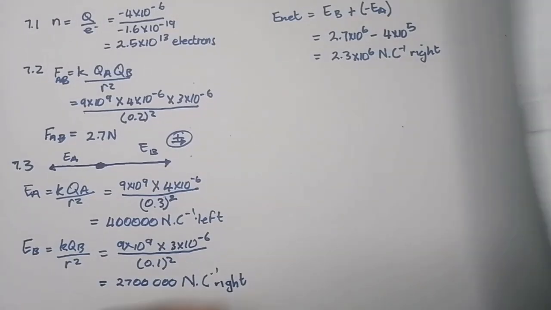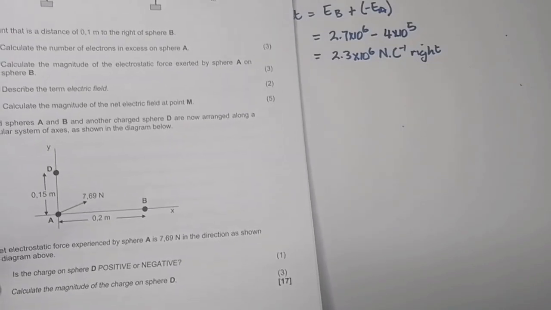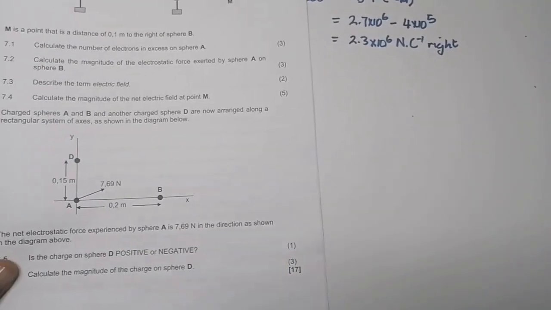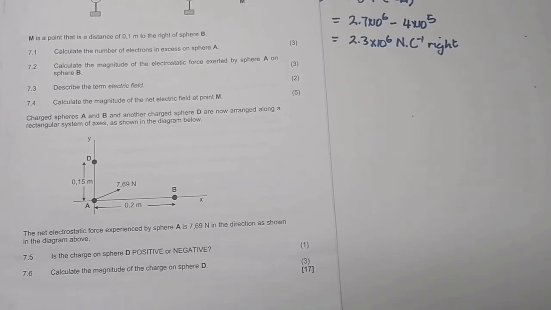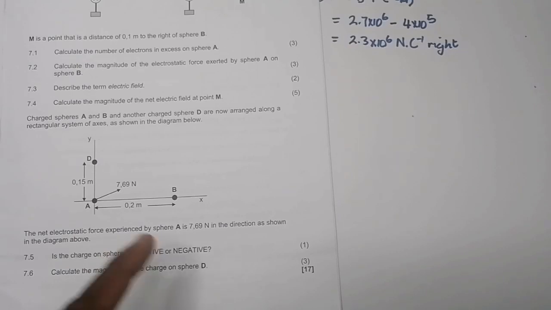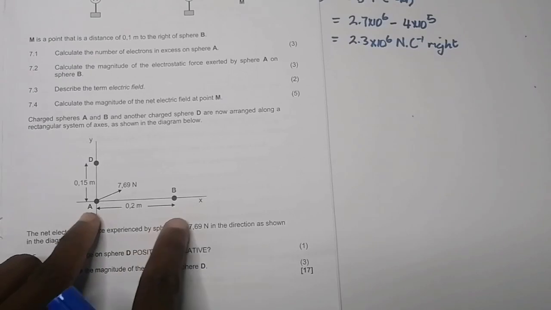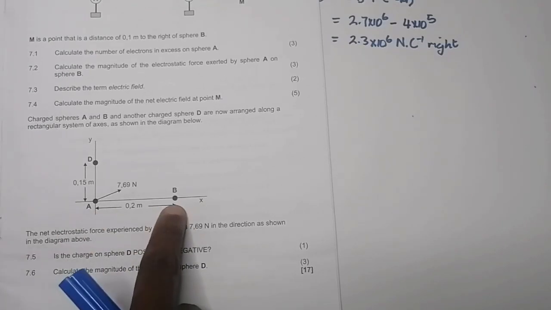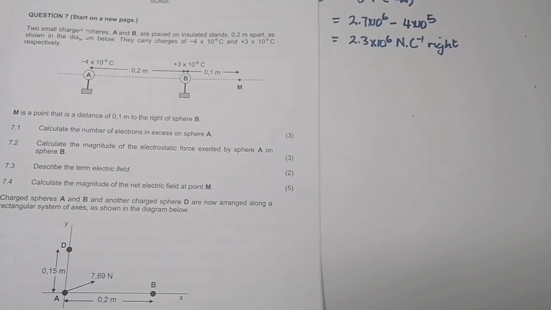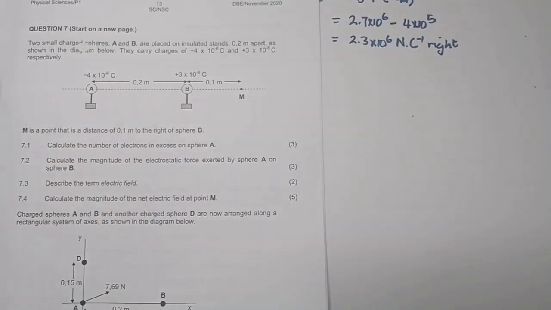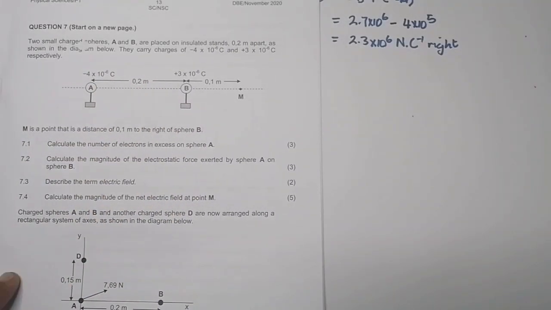I'm just going to move it over to this side. The last question, they say now the charged spheres A and B and another charged sphere D are now arranged along a rectangular system of axes as shown in the diagram below. So there's A and B there. And you remember that A and B, obviously because they were oppositely charged, the one negative and the other positive, they exerted forces of attraction on each other.